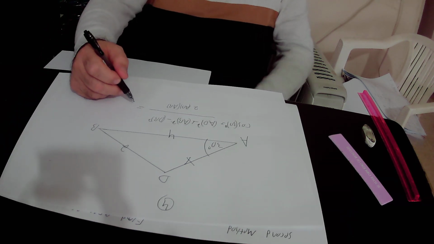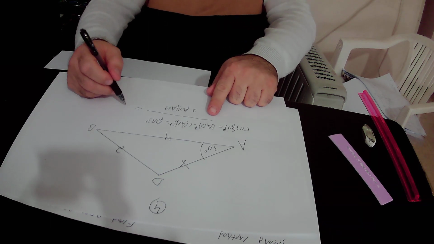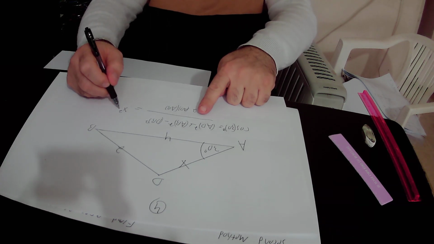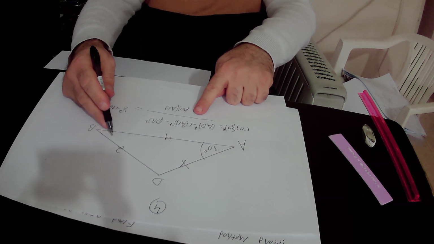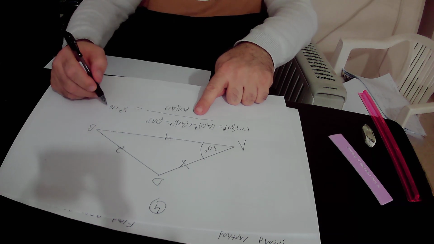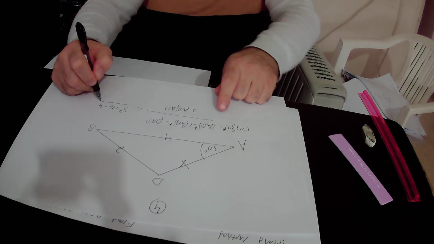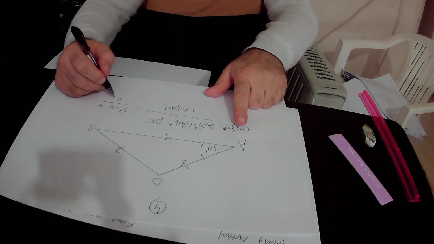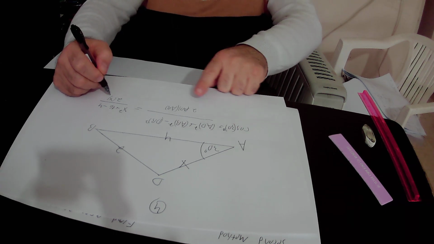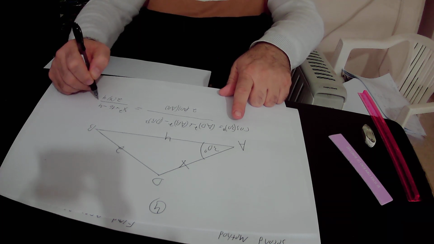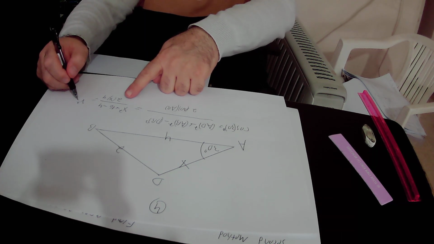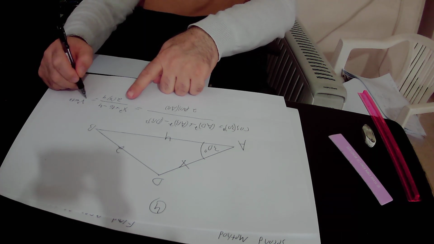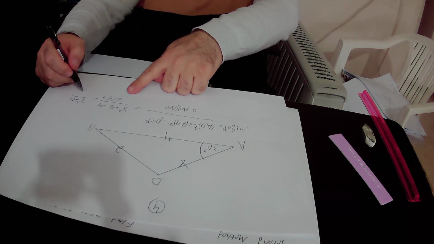That is to say, AD squared is x squared, plus AB squared is 4 squared, which is 16, minus DB squared, DB is 2, so DB squared is 4, over 2 times AD, which is x, and AB is 4. So here we have x squared, 16 minus 4 is 12, so plus 12, over 2 times 4, which is 8, so here we will have 8x.